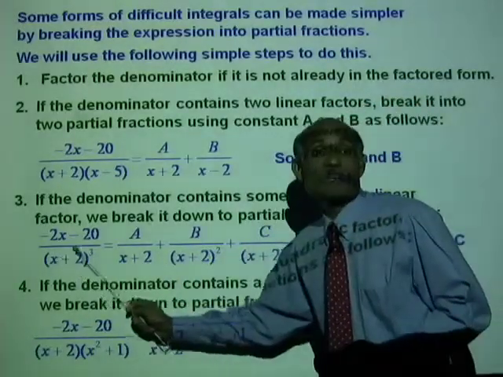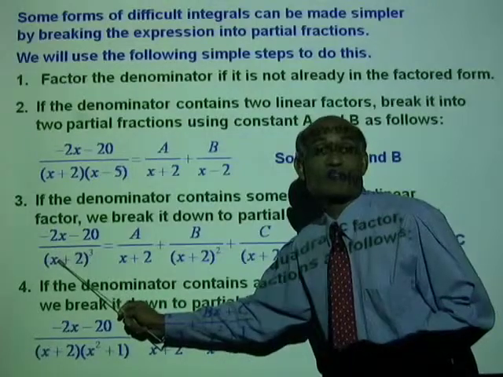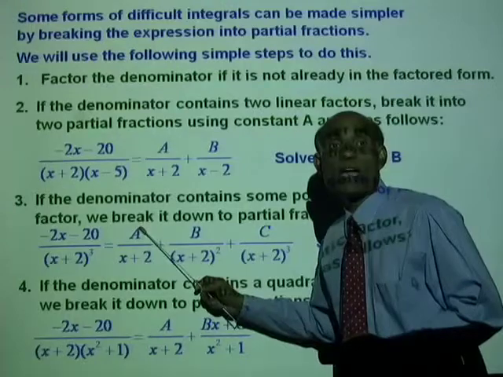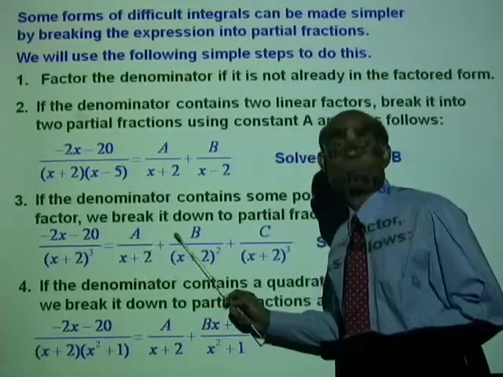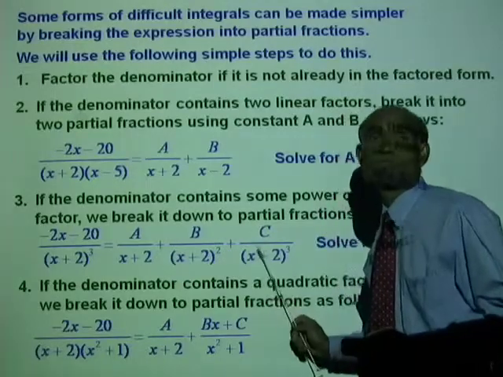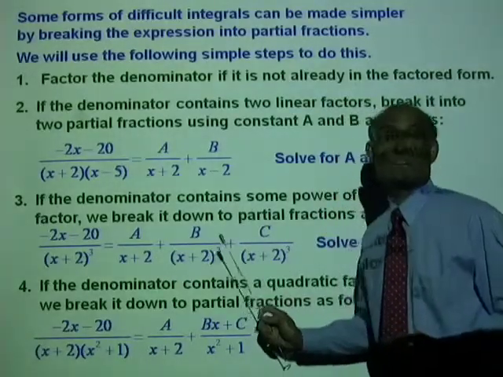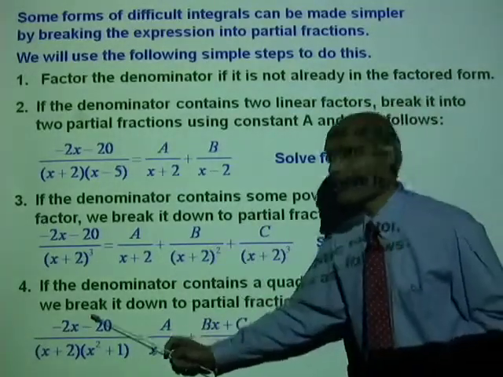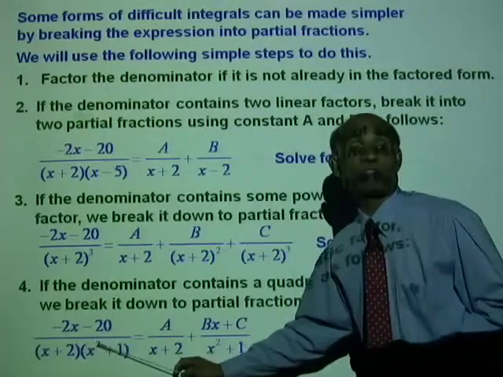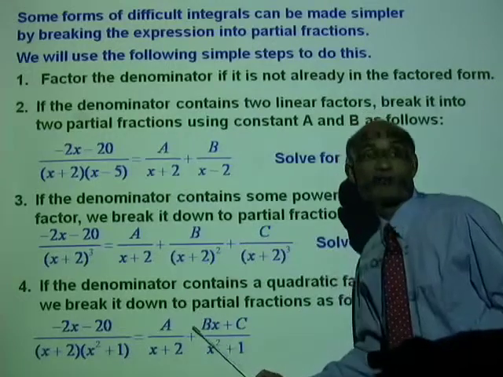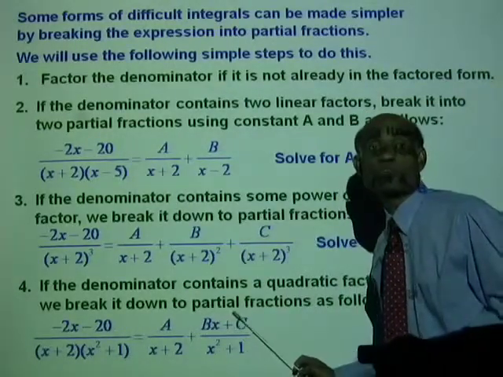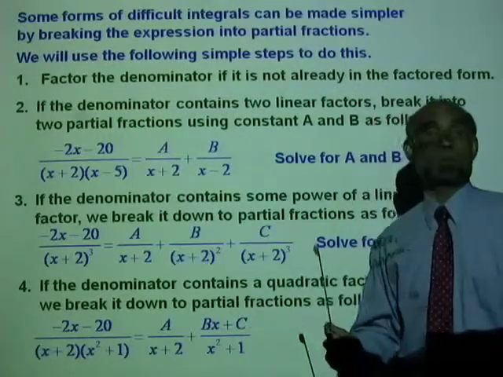If the denominator is some power of a linear factor, then you go in a certain progression like a over x plus 2, plus b over x plus 2 to the power of 2, plus c over x plus 2 to the power of 3, and so on. And finally, if the denominator has a quadratic factor, you have to treat that quadratic factor like this, bx plus c over x squared plus 1.